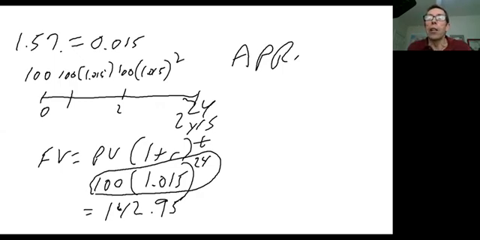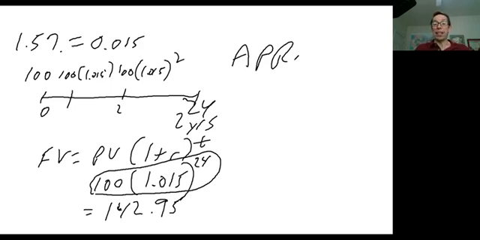If you're quoted an interest rate for a mortgage, it's an APR. You're paying monthly on your mortgage, but it's an APR. How about for a car loan? It's an APR. How about if you hear what is the yield on a 3-month treasury bill? It may only be a 3-month treasury bill, but it's an APR, basically, is what is being quoted to you. So always assume, unless you hear otherwise, that an interest rate is an APR.